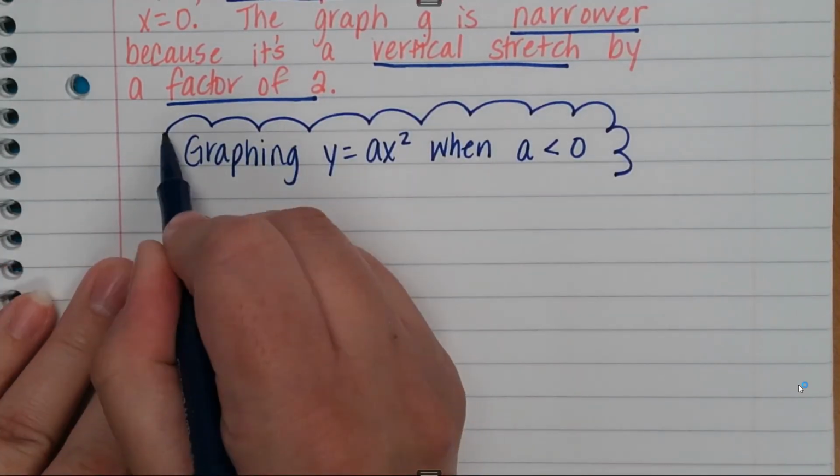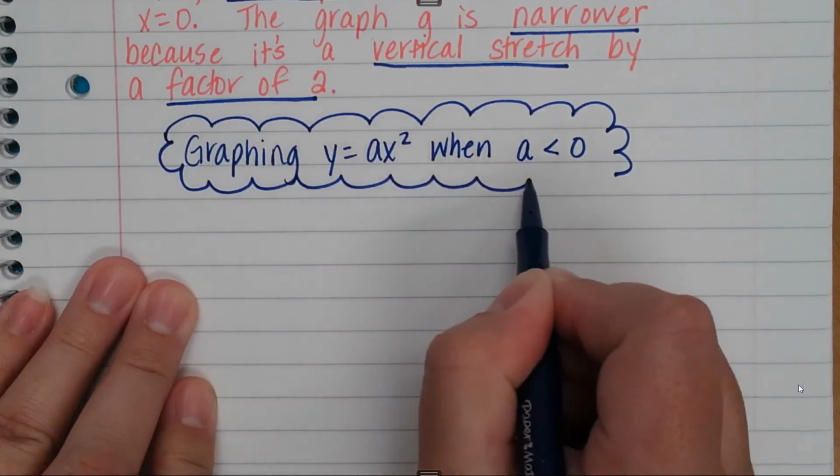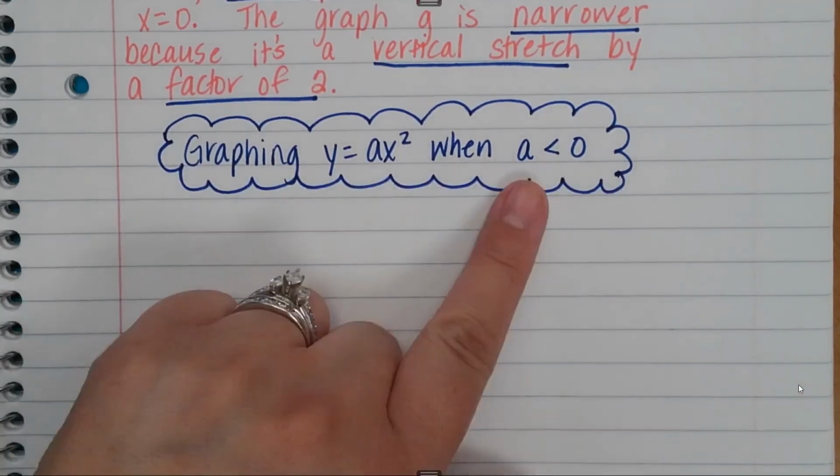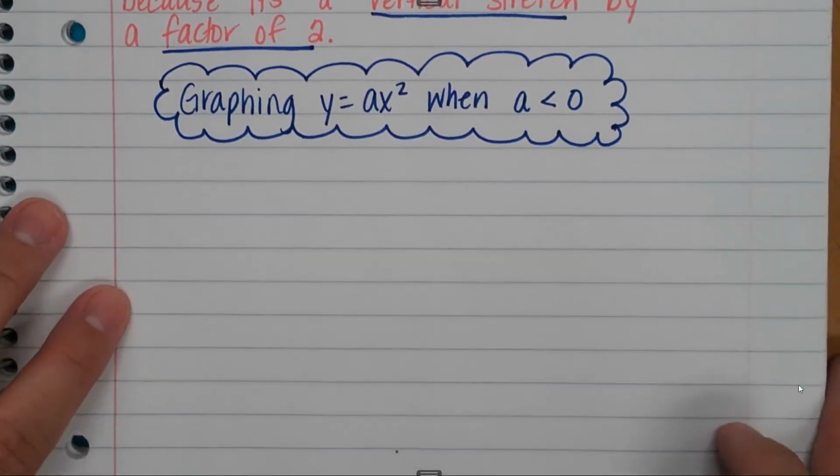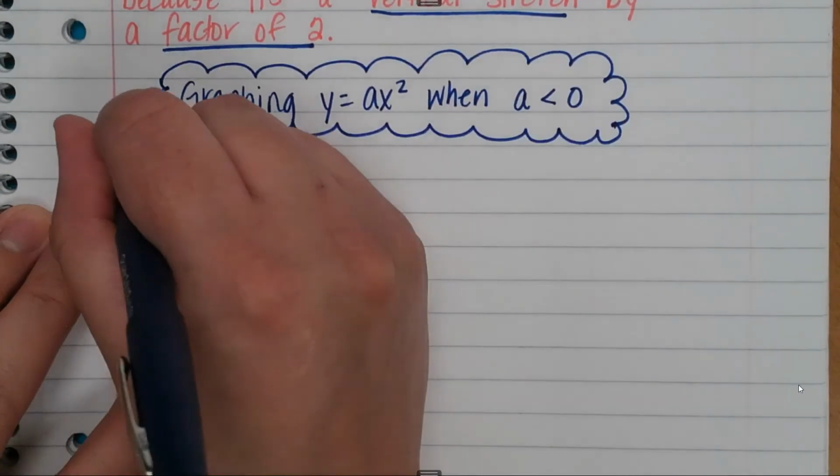So right above it, we graphed it when a was greater than 0. Now we're going to do when that's less than 0. Okay, so this is example 3.